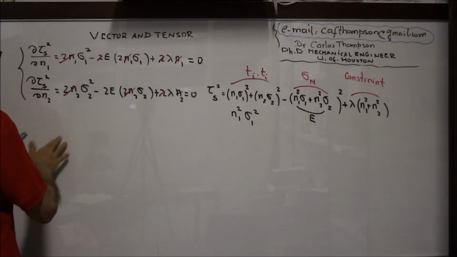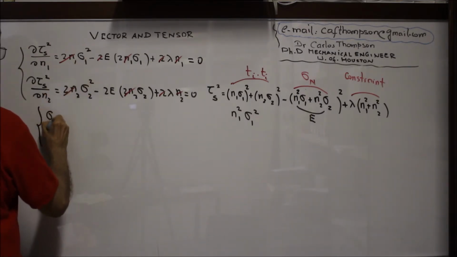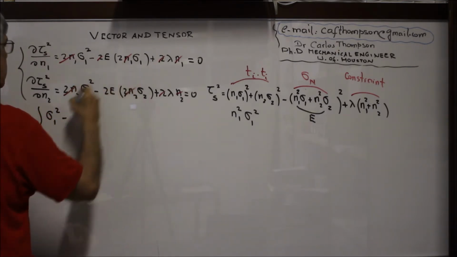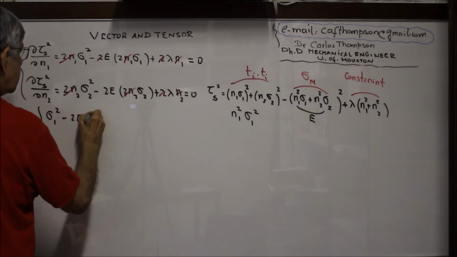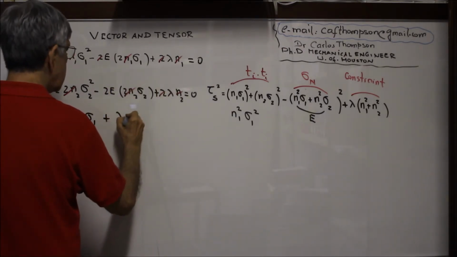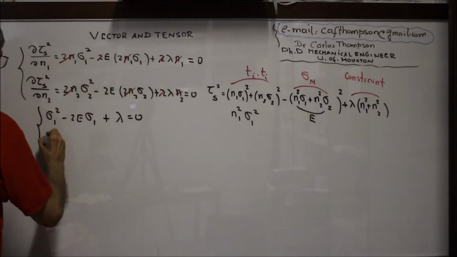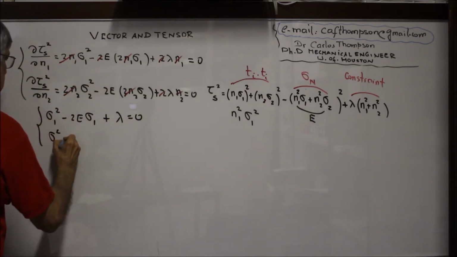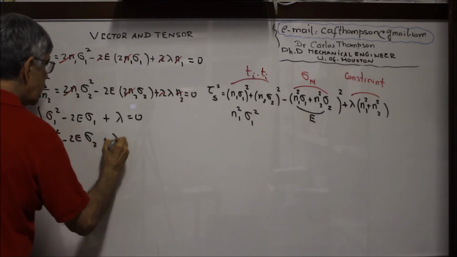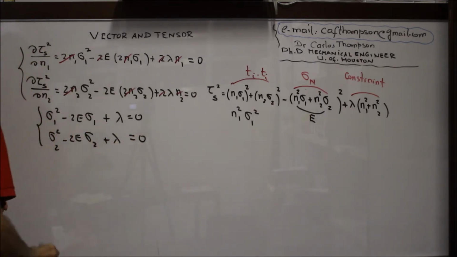So we have this system: sigma 1 square minus 2e sigma 1 plus lambda equal 0. Here, sigma 2 square minus 2e sigma 2 plus lambda equal 0.